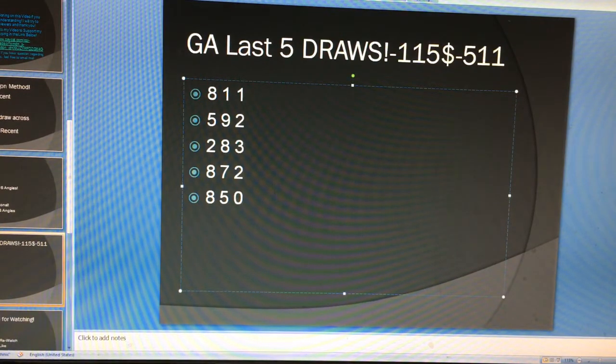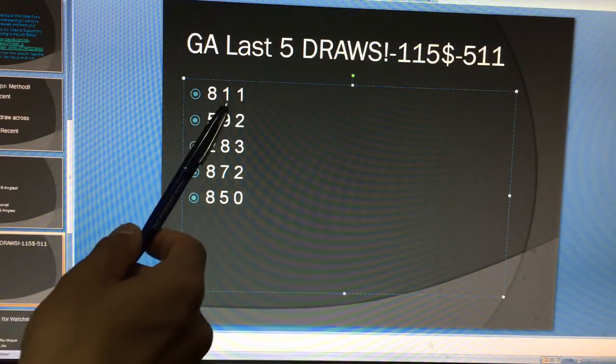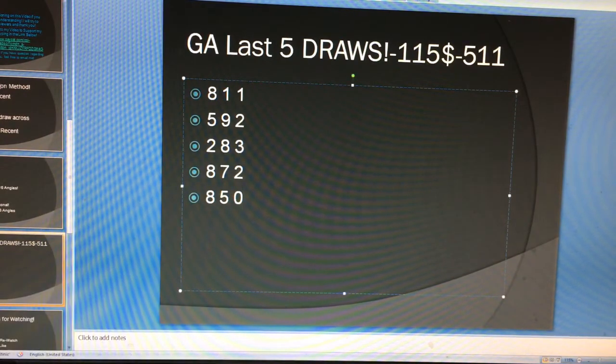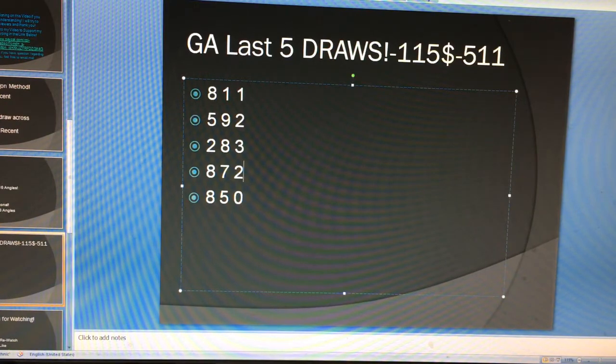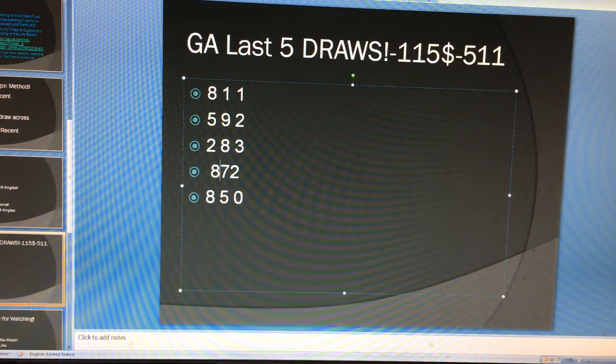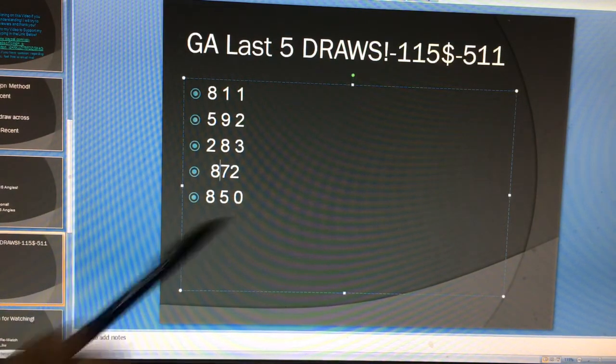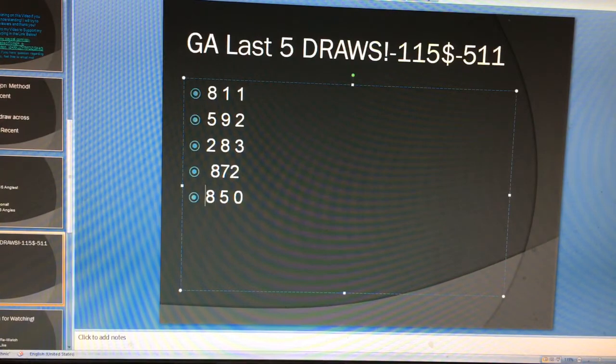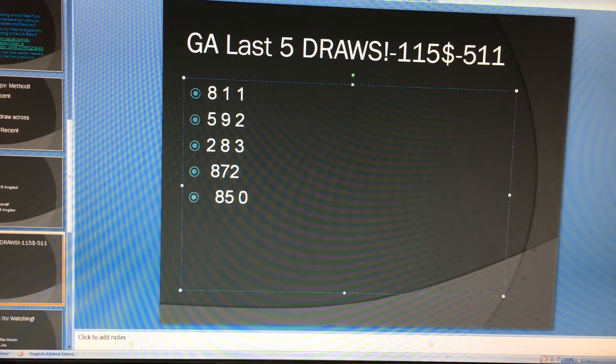Now this is your last 5 draws, and the first 3 draws are organized correctly, and your next draw should be centered like this, and then the other draw you simply station it like this.